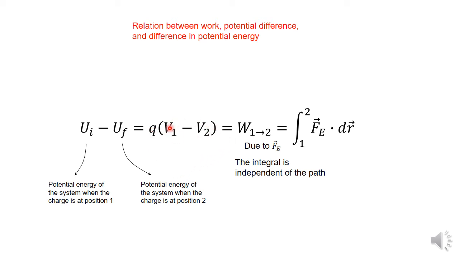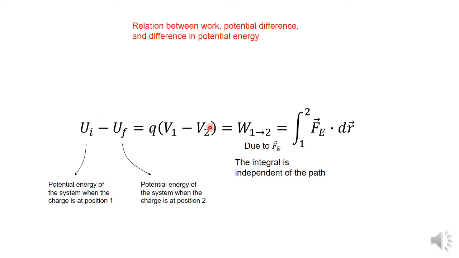And we know from before that the potential difference is related to the work due to the electric force to go from 1 to 2 in this way. And so now we have a very nice relationship between the work, the potential difference, and the difference in potential energy between two different configurations.